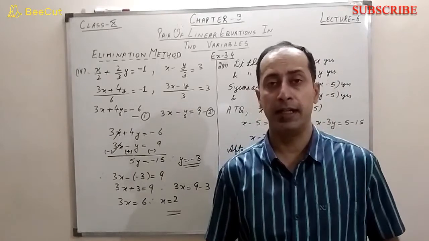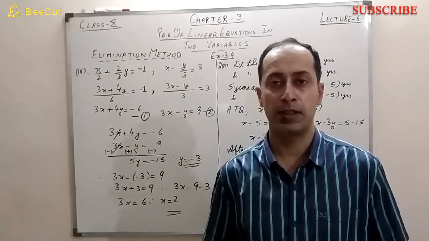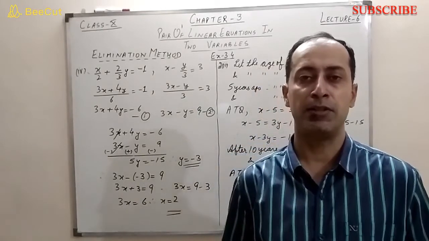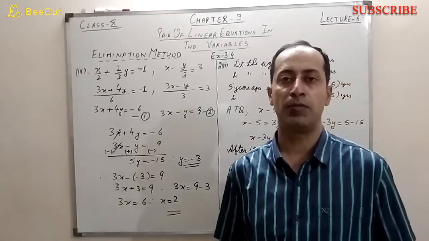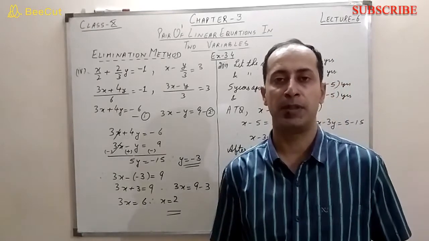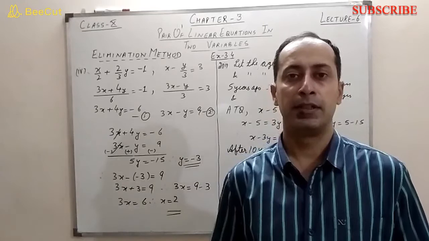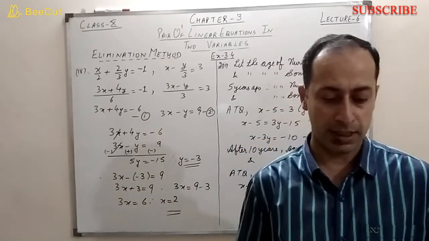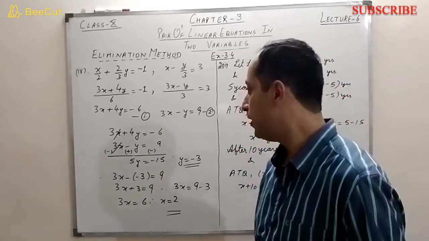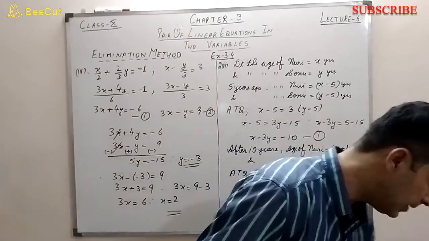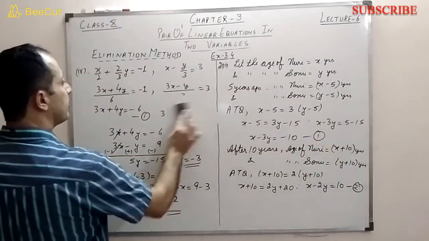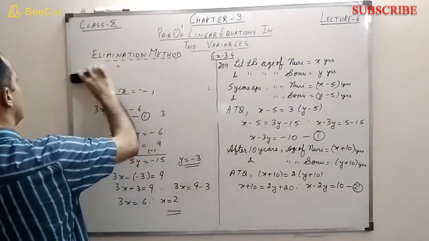Before I leave, I leave you with a question to simplify so that you can write the answer of that question in the comment section. I'm just writing the question on the board. A little bit tricky question I'm giving you this time.